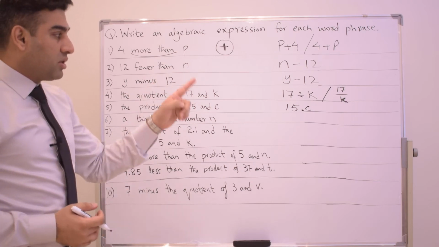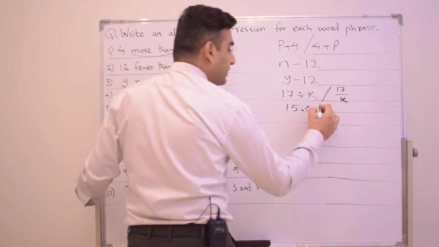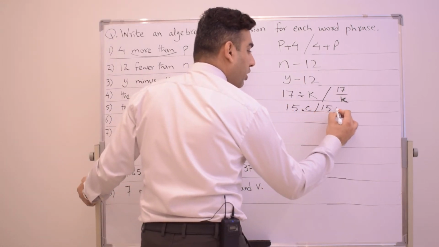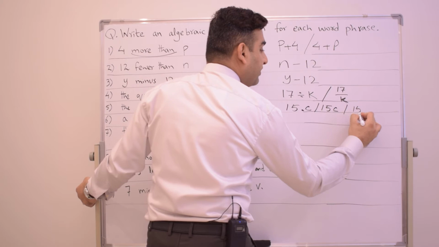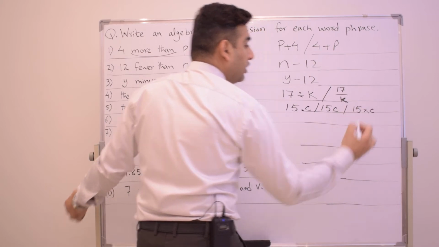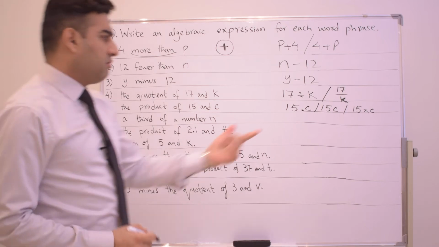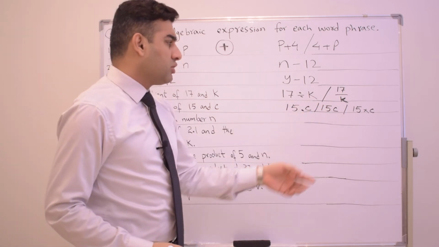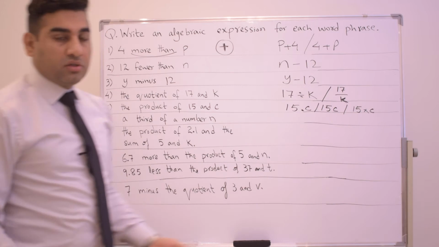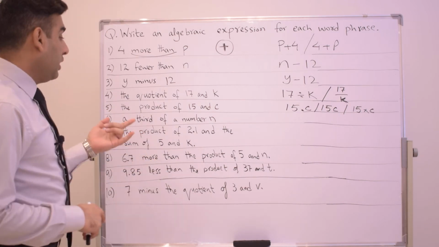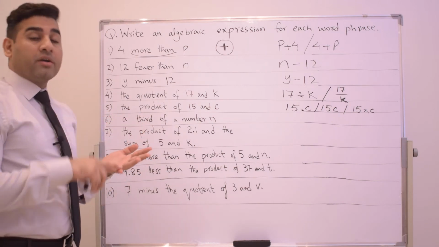So 15 dot c, or you can write it as 15c, no problem, or 15 times c. Any way you can opt, but 15c is good, 15 dot c is good, 15 times c is good. They can use the words times, product, or multiply.